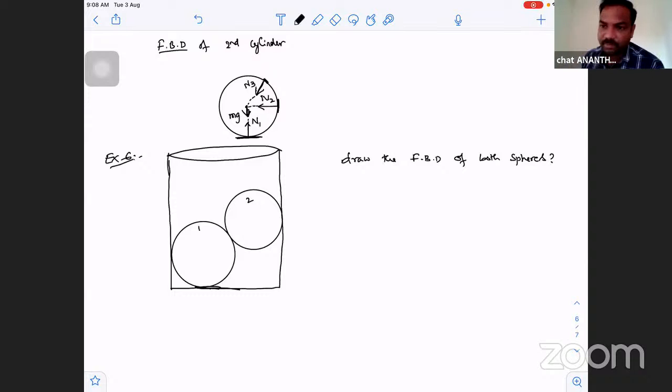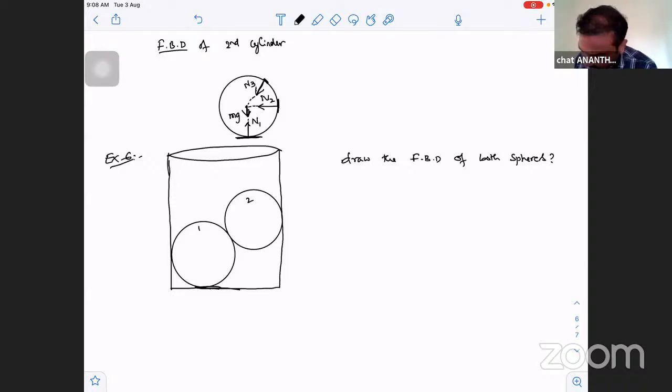Okay. So let us see the first one. I'm drawing in this diagram itself. First of all, this is one point that I'm taking, point two, and this is one contact.